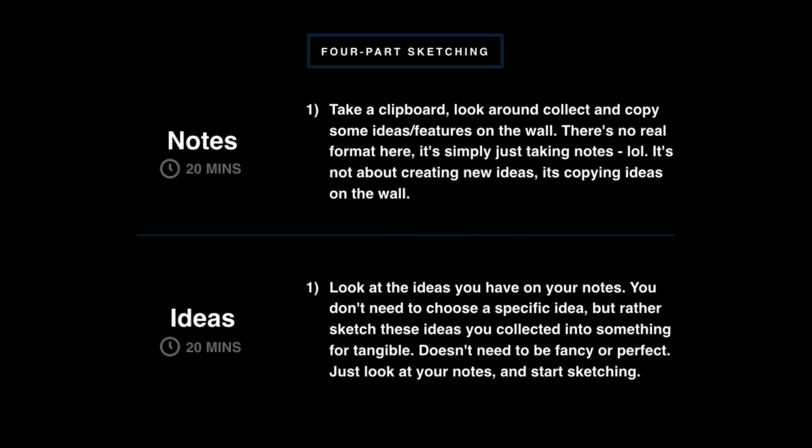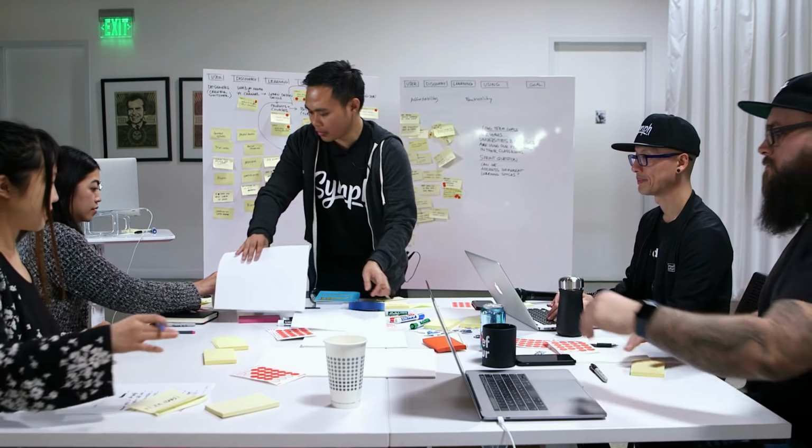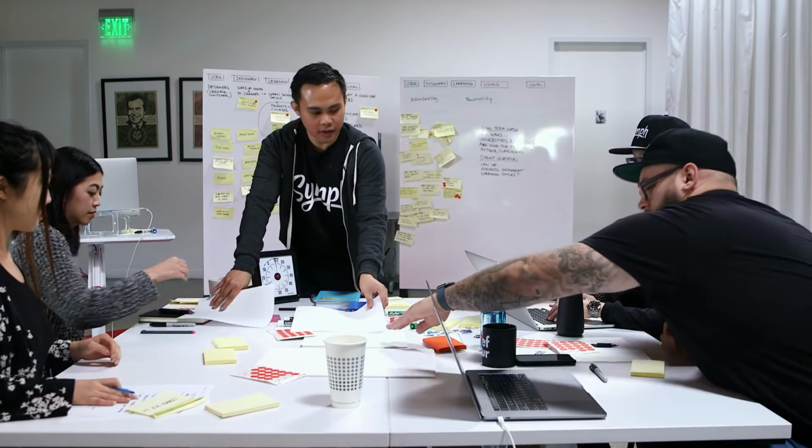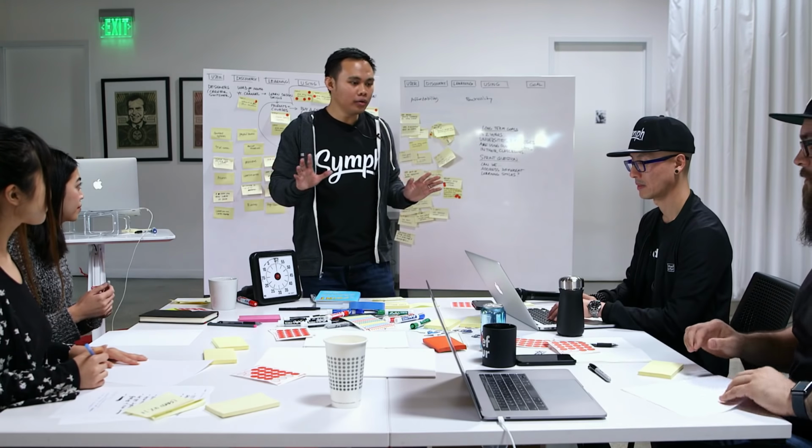The first part is notes. Each of you gets a piece of paper, or we're supposed to have clipboards, but I forgot about that. What you need to do is go around and take notes. No critique here, just copying.